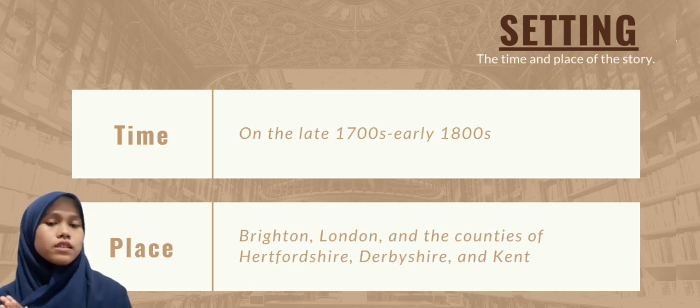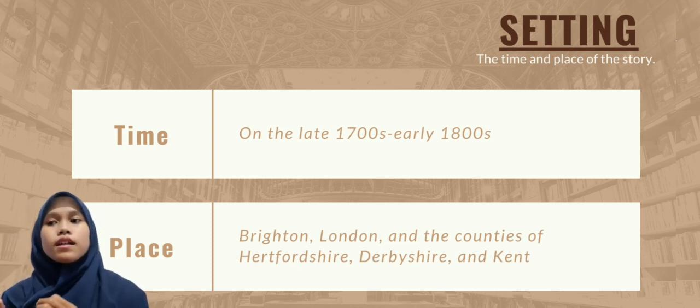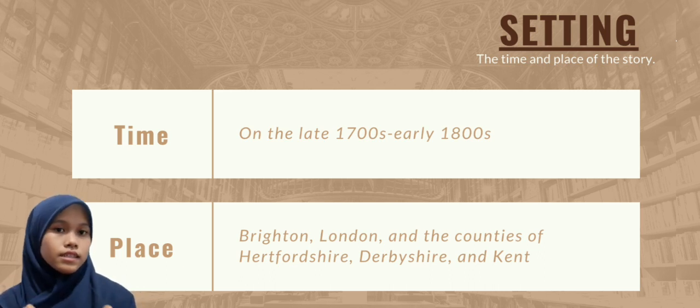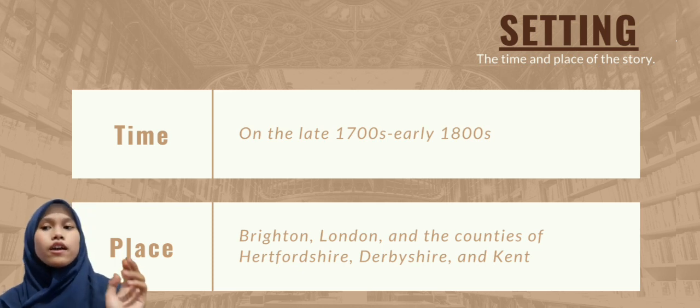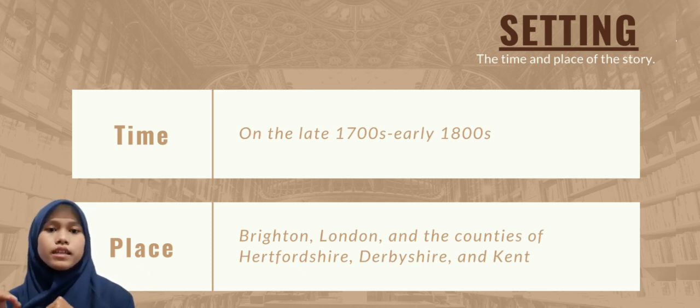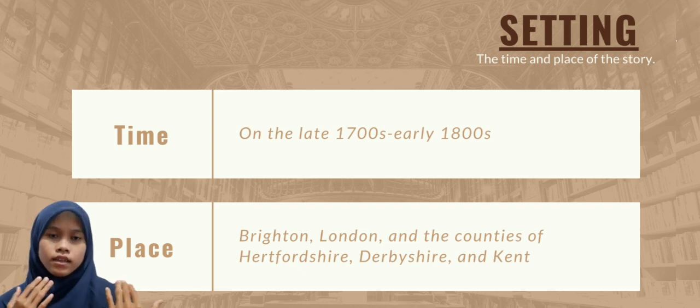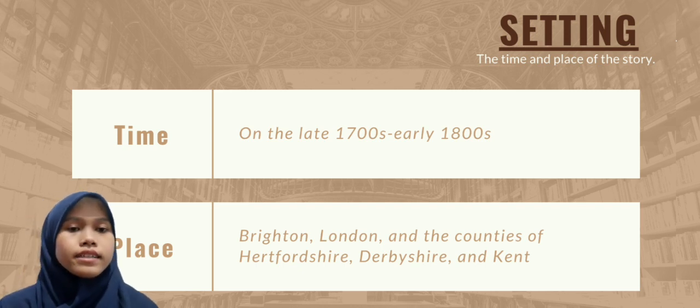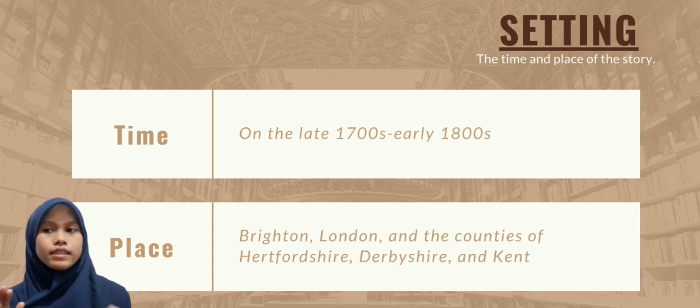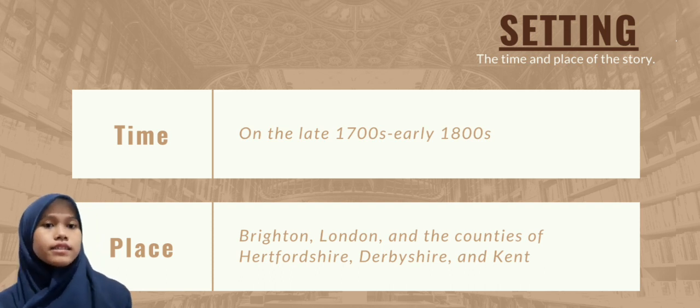The adverb of time in this novel begins in the late 1700s until the early 1800s, and then the adverb of place begins in Brighton, and then London, and then the counties of Hertfordshire, and then Derbyshire and Kent. There is a country in England.